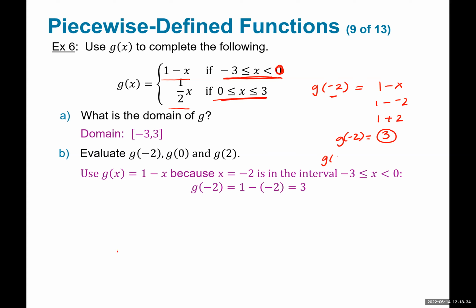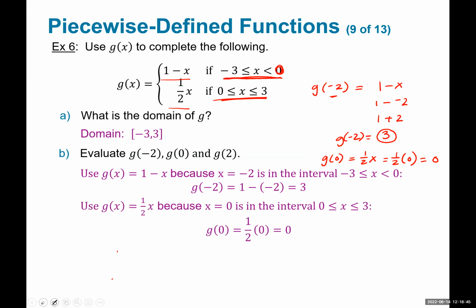We're going to use 1/2 x for that one. So it's 1/2 times 0, which equals 0. And then the last one, g of 2. 2 is in this second set as well. So 1/2 times 2 is 1. So g of 2 equals 1.